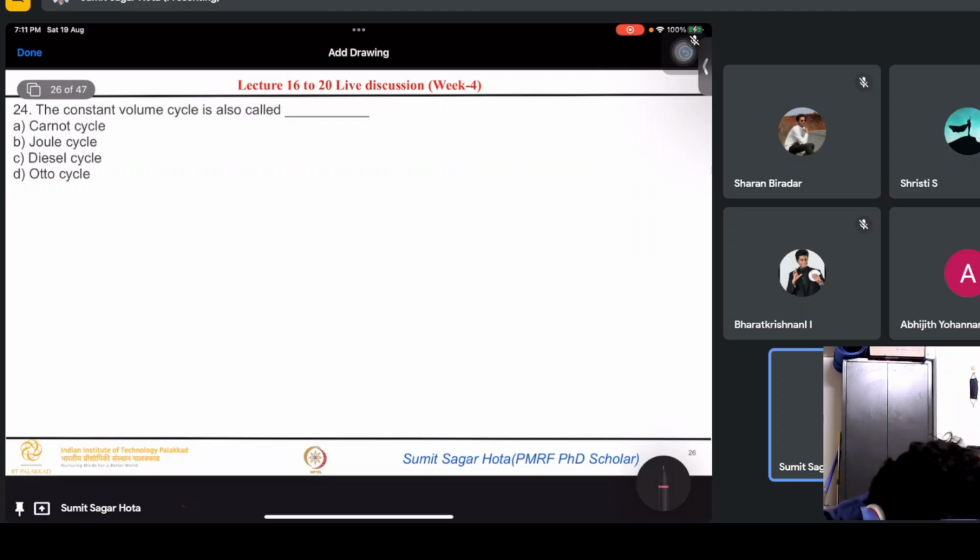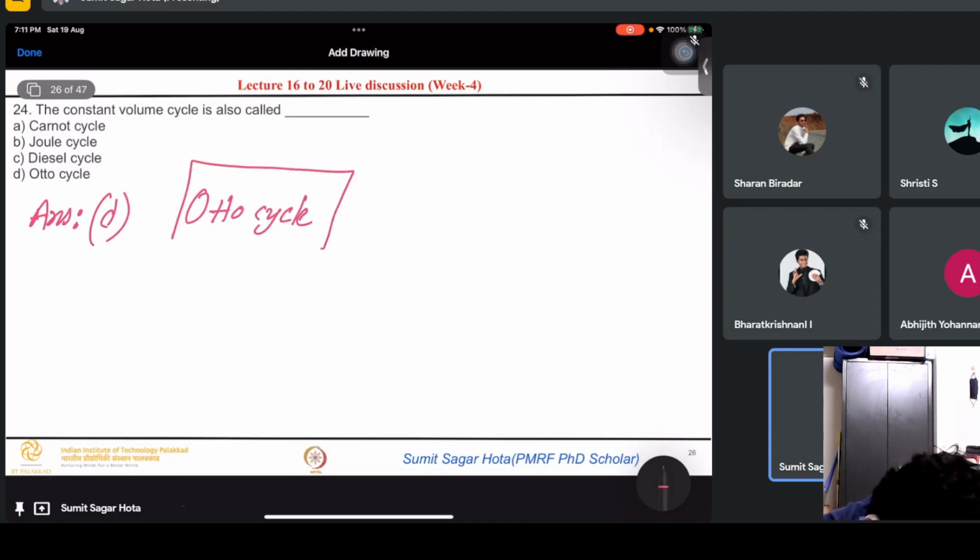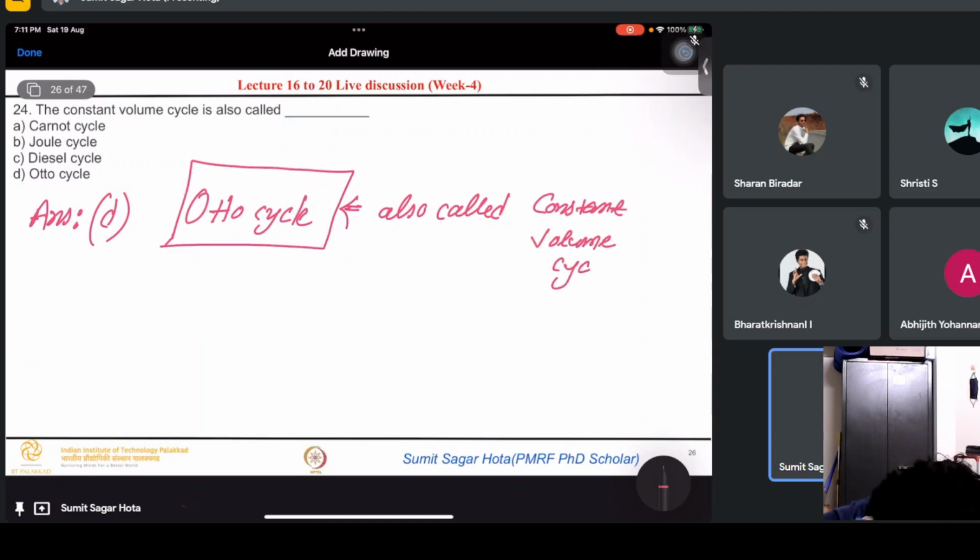So this is the Otto cycle, also called the constant volume cycle.